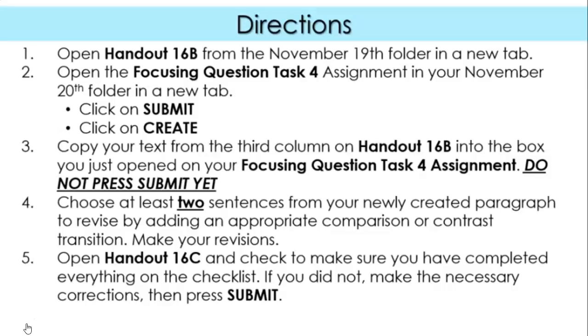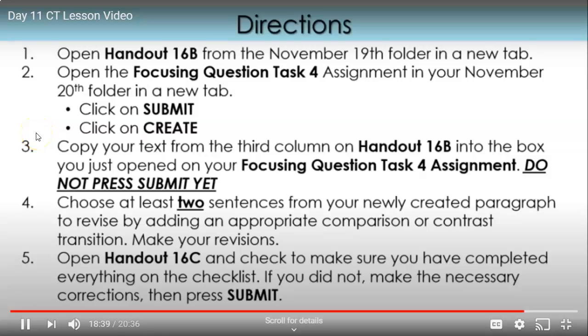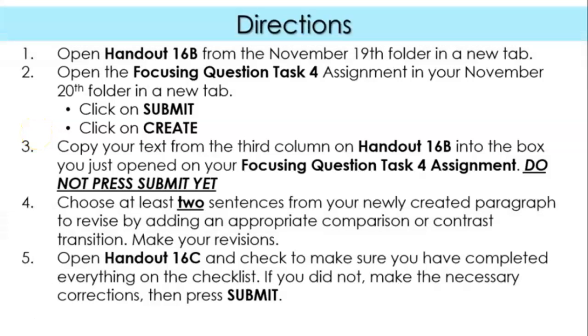Okay, so our focus is on contrasting, so we can take out comparison and just say appropriate contrast transitions, and then make your revisions. Then when you're done with that, open up handout 16C and check to make sure you have completed everything on that checklist. Okay, that is your focusing question task 4 checklist.